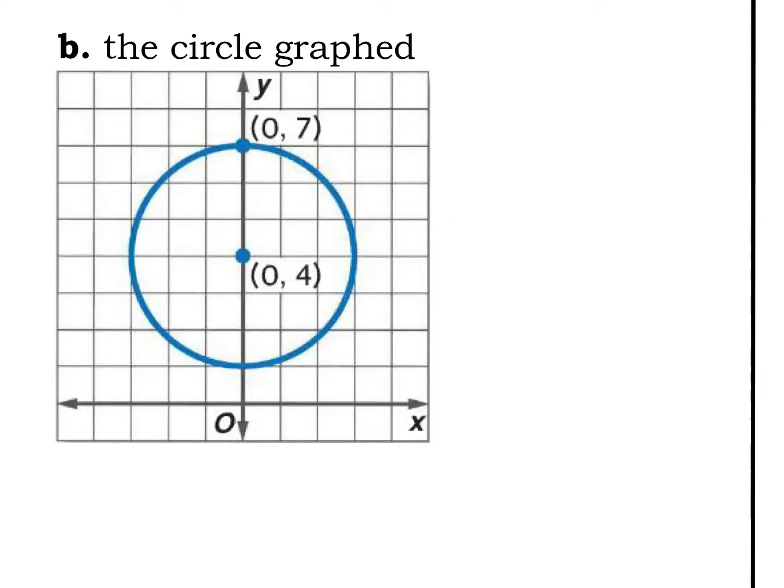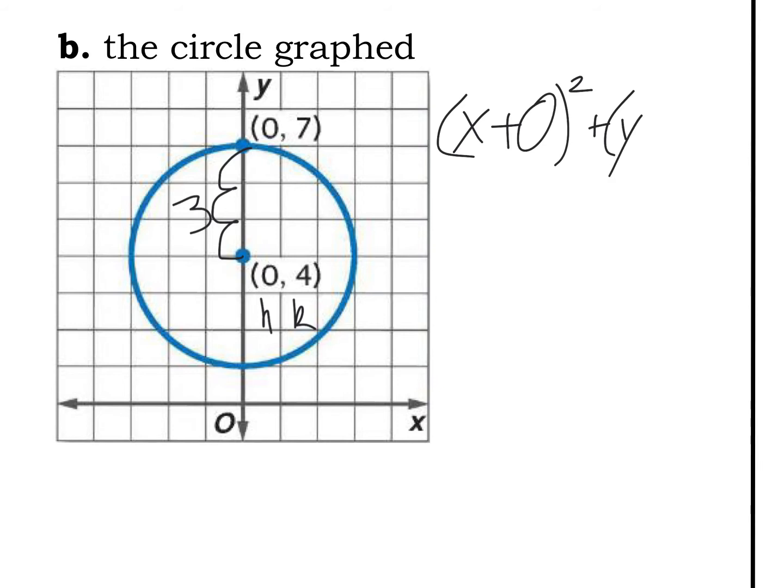So in this next example, I have a picture of a circle graphed, and so you need to count your distance for your radius, 1, 2, 3 units, all right, and then you need to plug in your h and k from your center point, and so I'm going to say (x plus 0) squared plus (y minus 4) squared equals 3 squared.